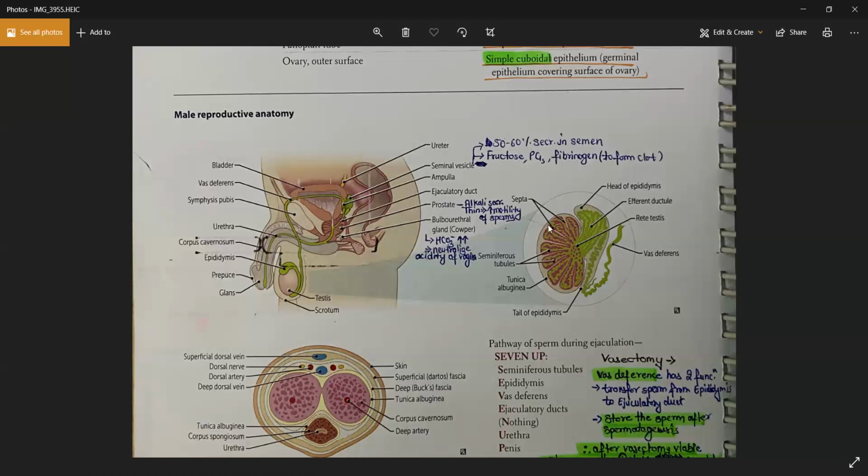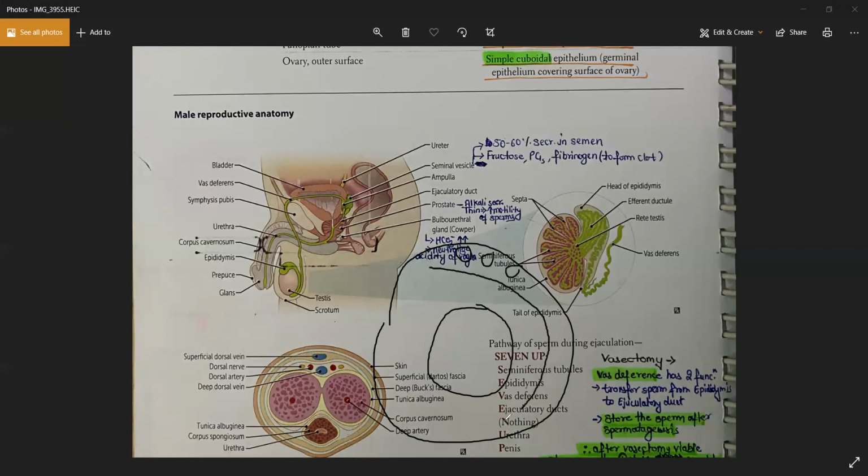And if you take a cross-section of these seminiferous tubules, what you will see is a layer. These are tube-like things. In the center you have the lumen, and you have many germ cells here. All the Sertoli cells are present here. The function of Sertoli cells, which we will discuss later, is that they form the blood-testis barrier.